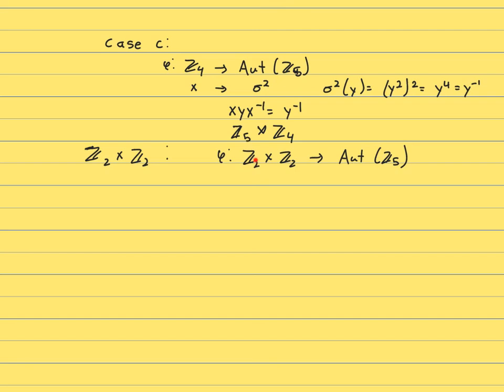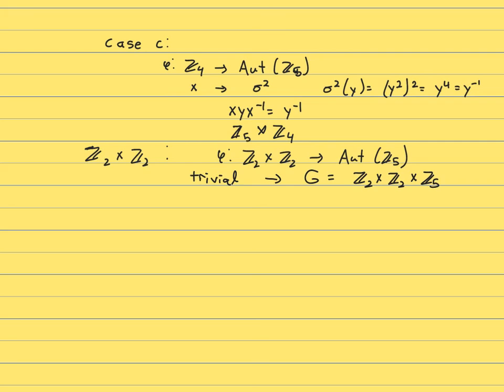So we can only send the generators here to the elements of order 2. And so, of course, we always have the trivial homomorphism, which is going to give us that our group is just Z2 times Z2 times Z5, direct product. That case is never interesting.